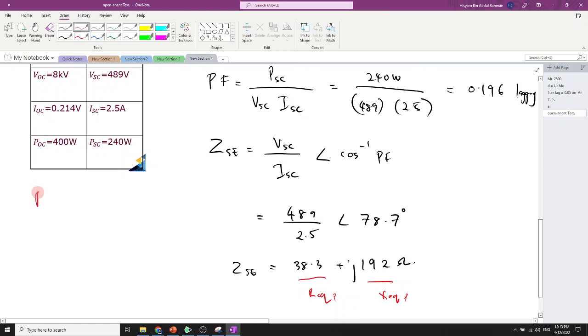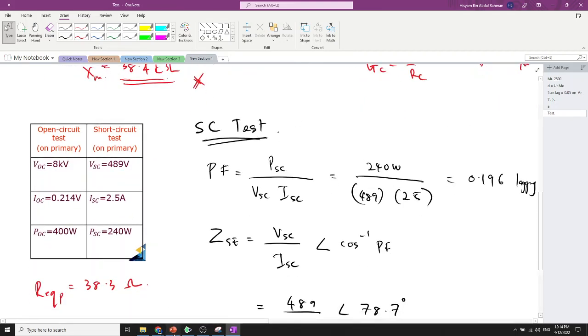So we just rewrite the prime: 38.3 ohm, so very small, and this one is equivalent 192 prime. Okay, so how I know the R equivalent at the primary side?